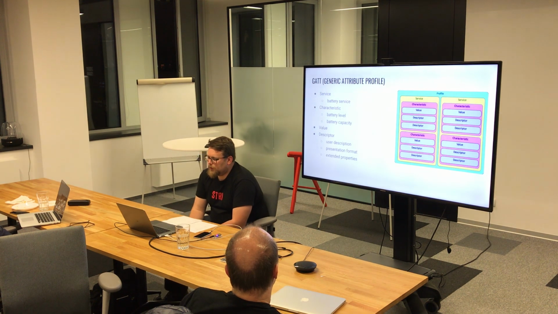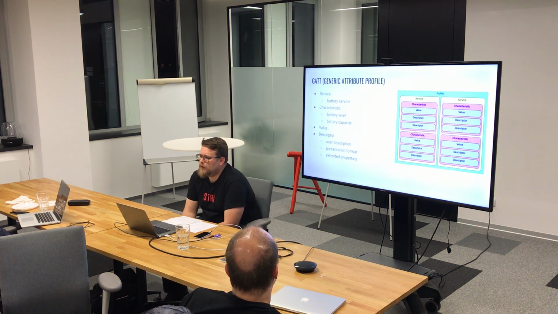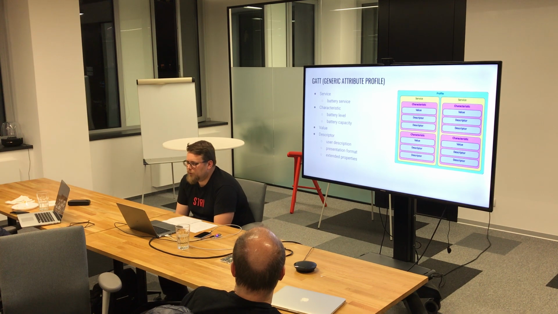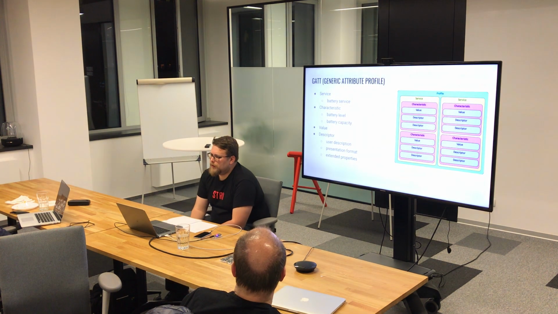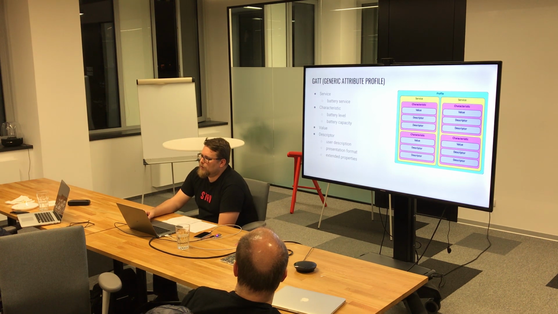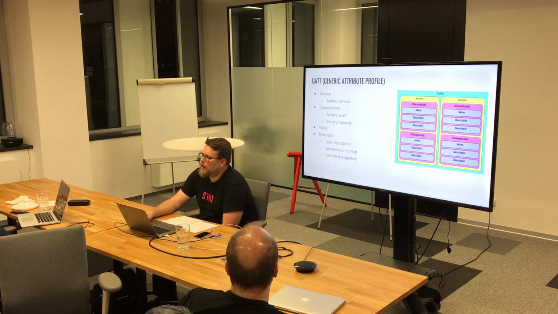Each service and characteristic is identified by UUID, some universal identifiers, which can be random, and also there are sets of well-defined identifiers that you can use for, I don't know, the device information services, or there are heart rate monitoring services.